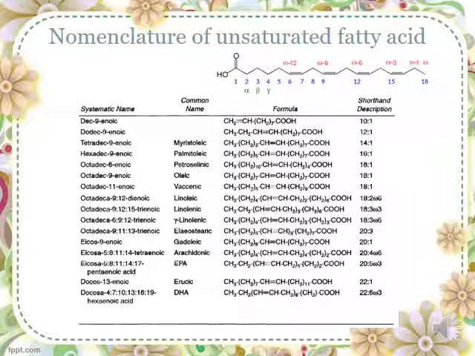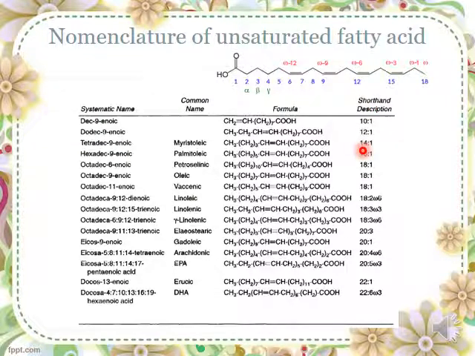So this table here shows unsaturated fatty acids, meaning there is presence of double bond. Again, this first column shows the systematic name, followed by the common name, the formula, and the abbreviated numbering.